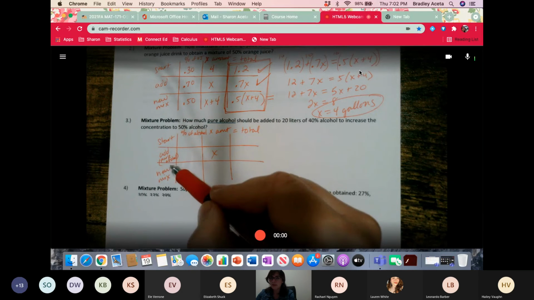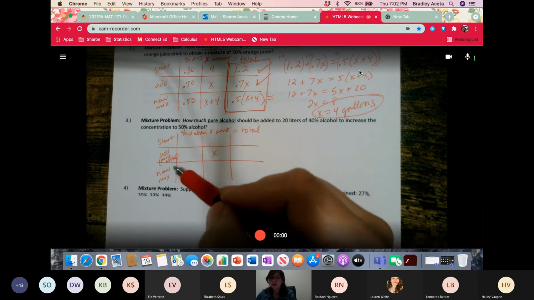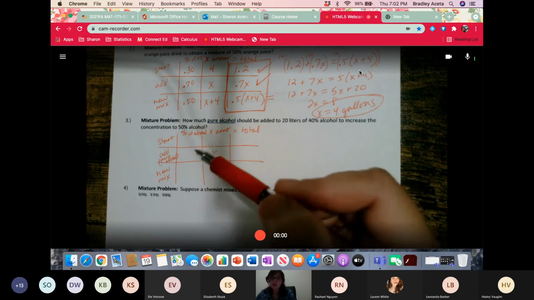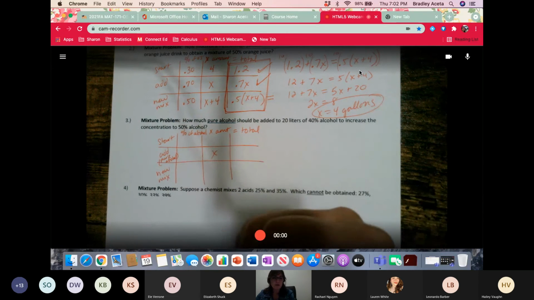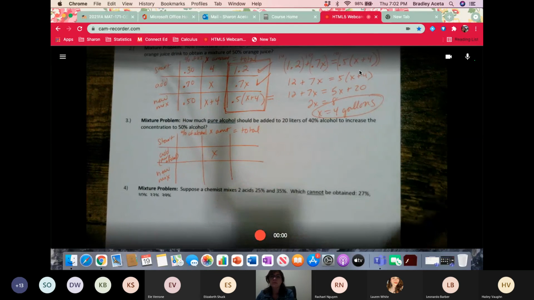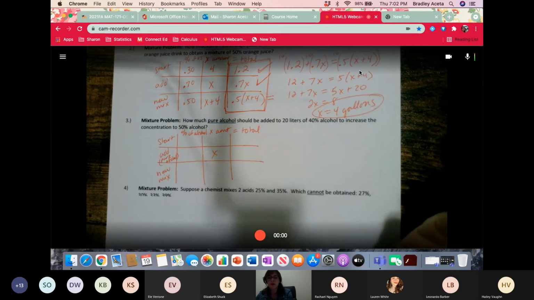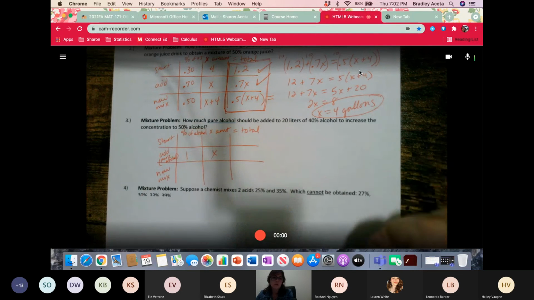This could be tricky to some people. Well, it's 100%. There's 100% alcohol in alcohol. I'm not talking about beer or something cheap like that. I'm just talking about pure alcohol. 100%. So the way we write that as a decimal will be 1.